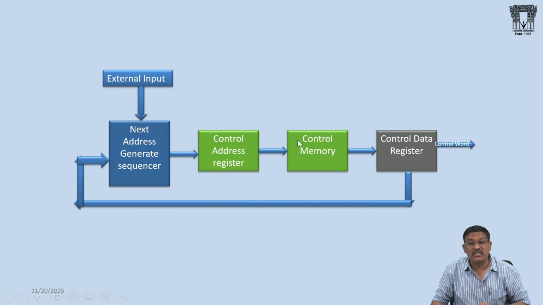The micro instructions are stored in control word format, and that micro instruction is stored into the control data register. So this is a continuous process. We will elaborate this next address generation circuitry in our next slide.